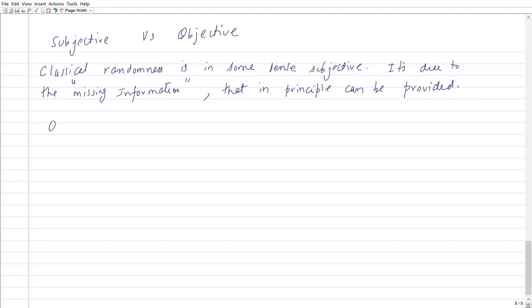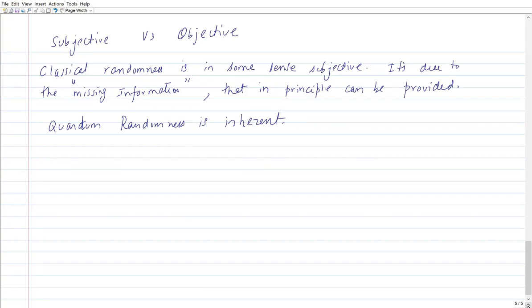Whereas quantum randomness is something inherent, something intrinsic to the system.